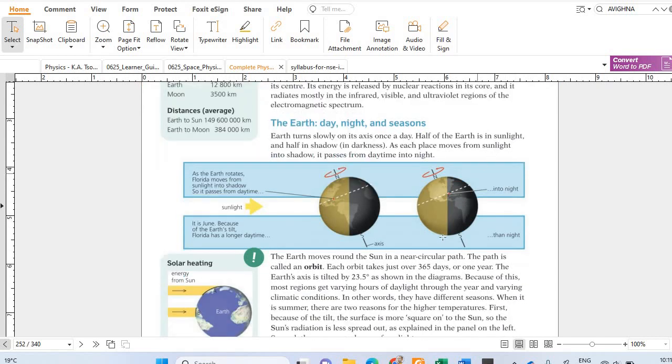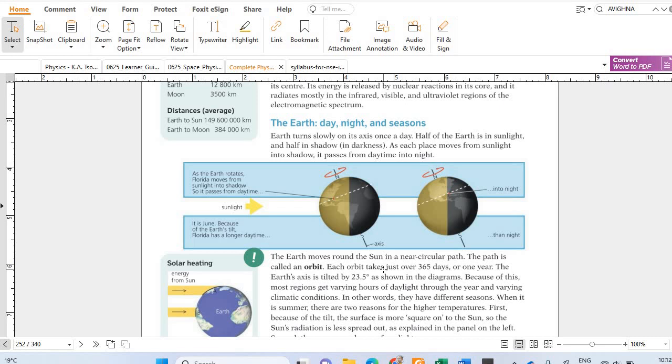Okay. Now, why do we get day and night? Let us understand. It's a fact that the Earth is a sphere, and that sphere is tilted. The axis of rotation around which the Earth rotates is tilted a bit, around 22 degrees.